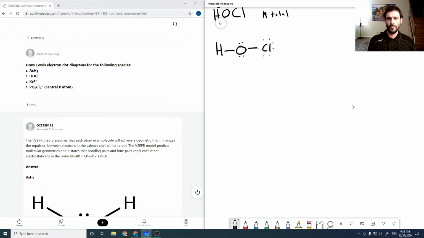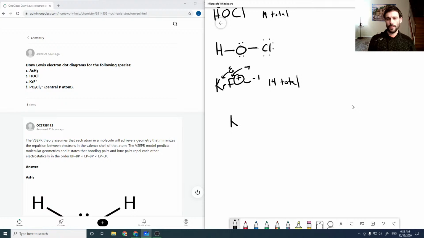Okay, and then KrF plus. Krypton has 8, fluorine has 7, and then the plus charge is -1 of our total electrons, so 8 plus 7 is 15, -1 is 14 total.